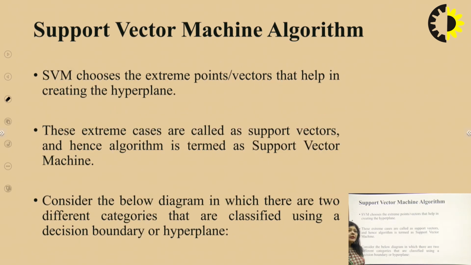Now SVM chooses the extreme points or vectors for creating the hyperplane. How does it choose the support vectors to create the hyperplane or the boundary? For that, it uses the concept of distance, and it measures the distance between the points of different classes that are close enough.